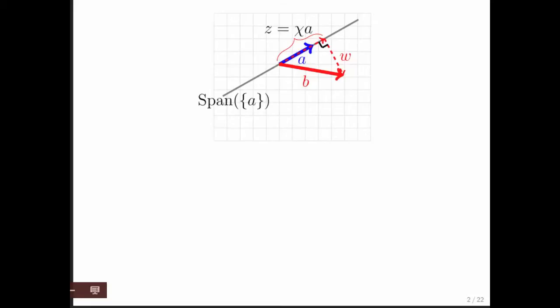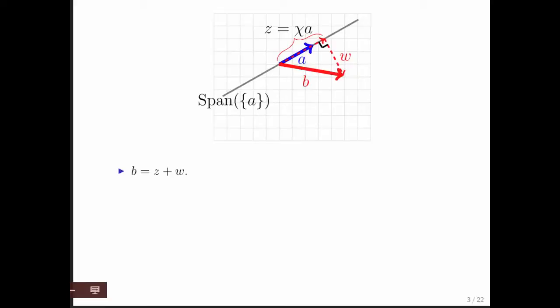So here we review. We start by looking at the case where we have a vector A and we look at the span of A, and notice that that's the same as looking at the column space of the matrix that has only A as a column. How did this work?